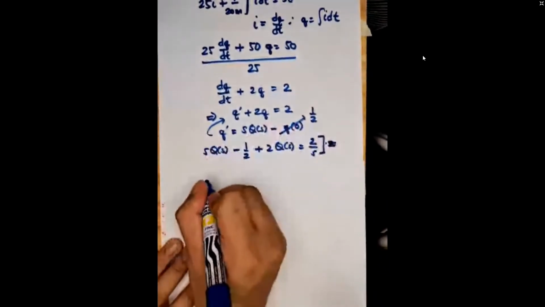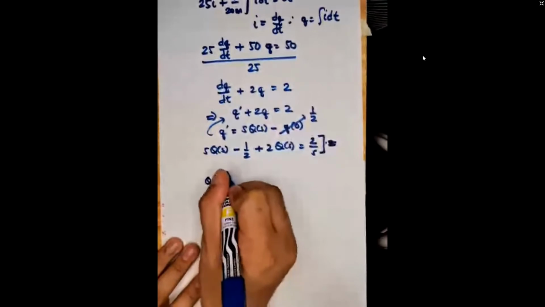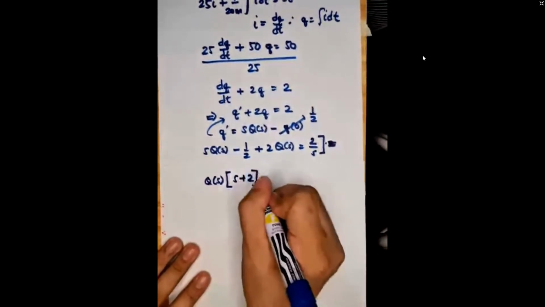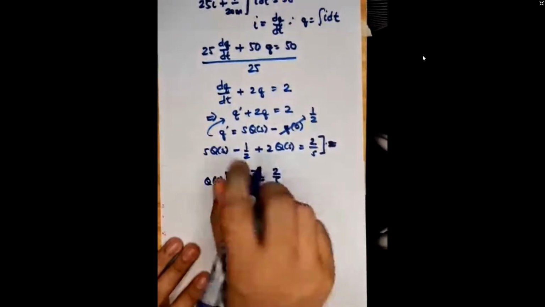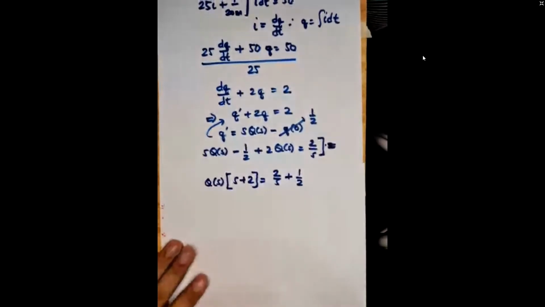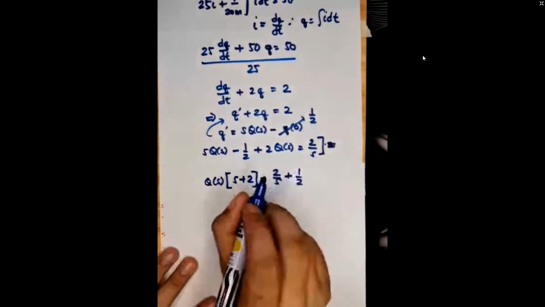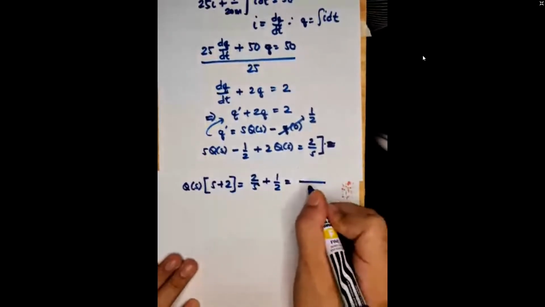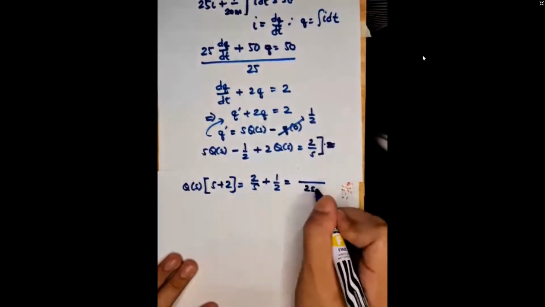So that will be, factor natin yung q of s. So multiply it by s plus 2 is equal to 2 over s. Tapos transpose natin yung 1/2 plus. Ayan. So i-add muna natin ito. Factor LCD is 2s.